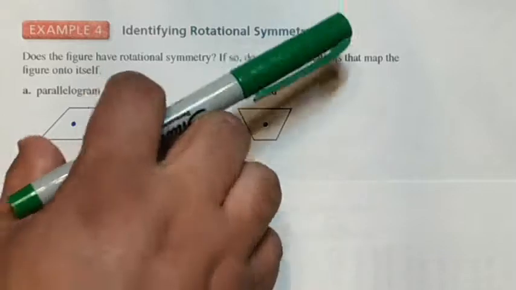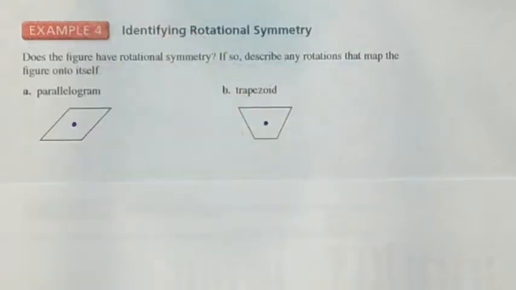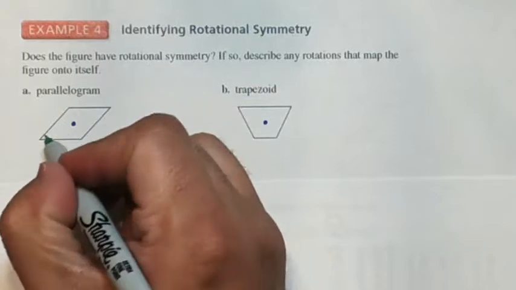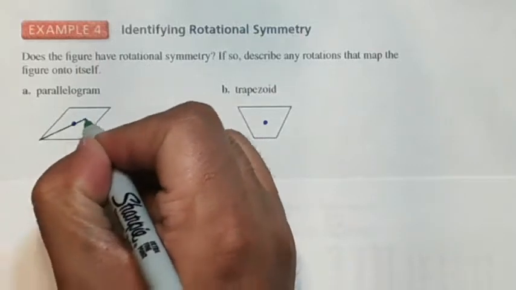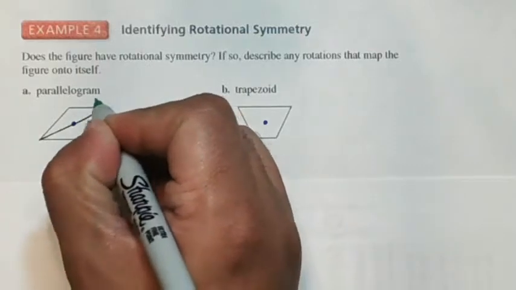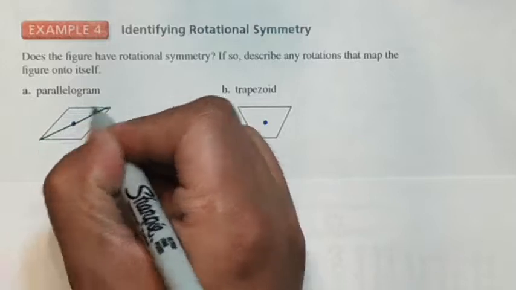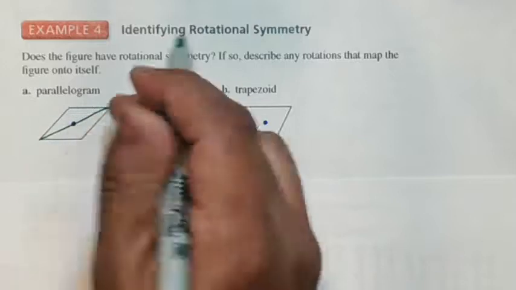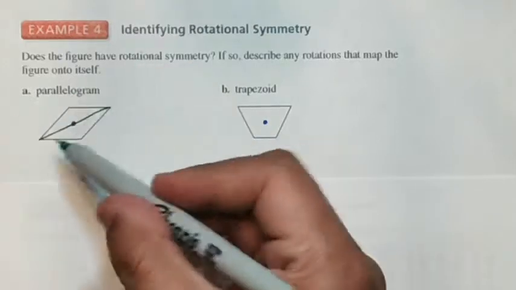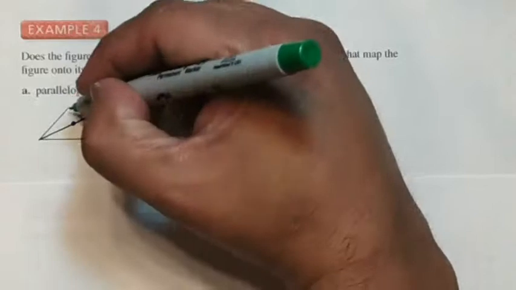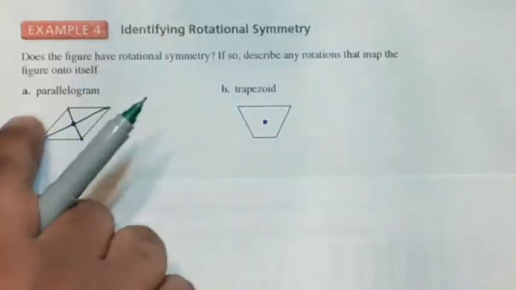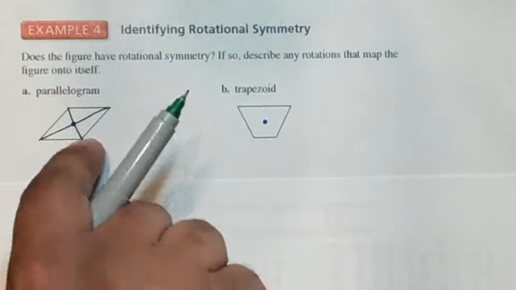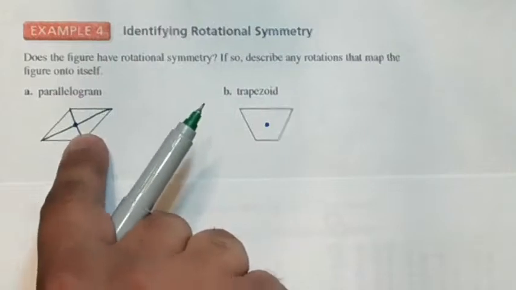I could take this and I rotate it 180 degrees, and that would put it on top of itself. So I would be able to rotate it from here to here. I brought this over 180 degrees, it would map onto this vertex, would map onto this vertex. Same thing if I went in this direction using this vertex and I went 180 degrees, it would map to this one and it would fit perfectly.